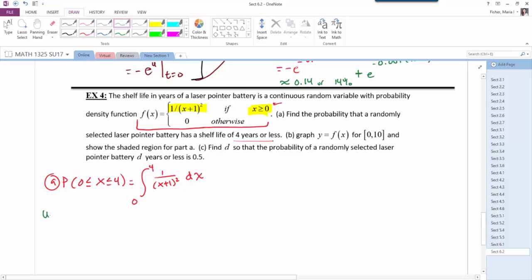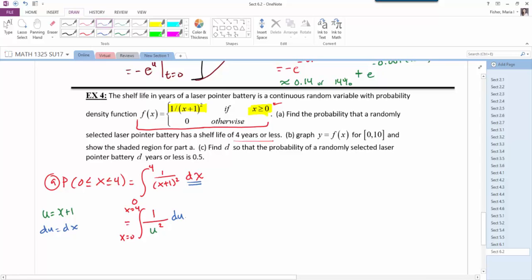So if I let u equal that x plus 1, then my du would equal dx, which is perfect because that's exactly what I have. So this is going to equal the integral from x equals 0 to x equals 4 of 1 over, remember my x plus 1 became u, and then that gets squared still, and my dx became my du.